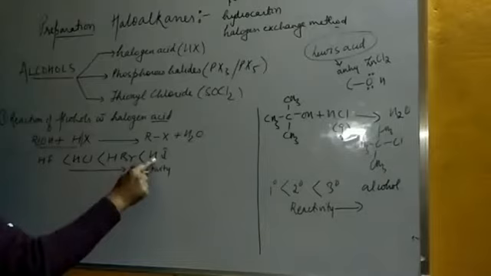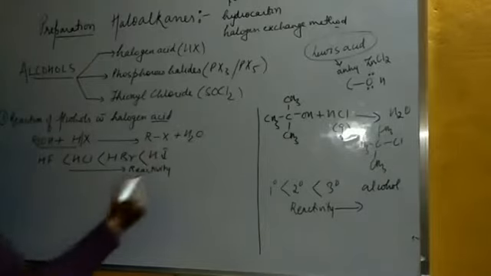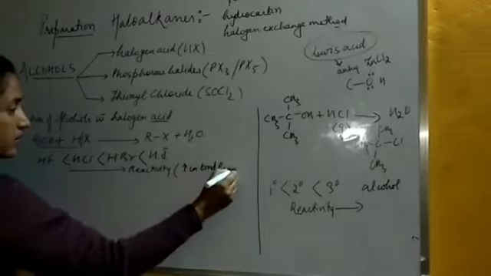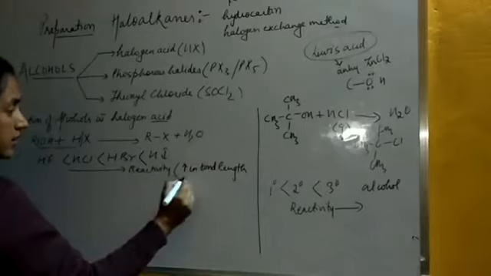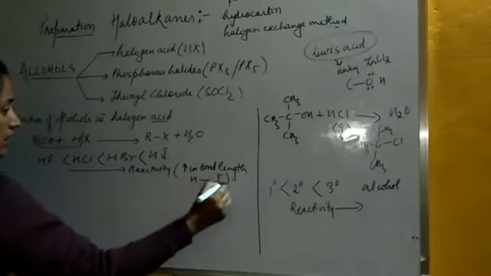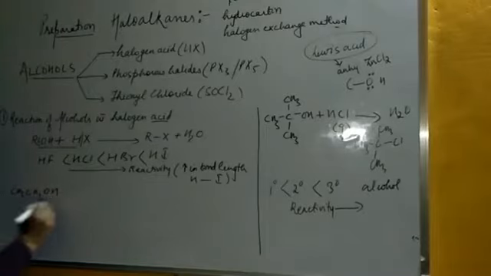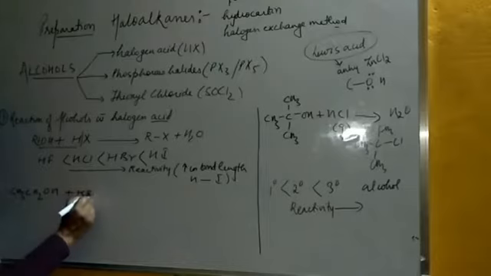HI is most reactive since its bond length is maximum here, due to the increase in the bond length of H-I. So iodide ion will be formed easily, right? Now we cannot prepare the fluoroalkane by this method because of the high bond enthalpy of HF, right? So we can prepare bromoalkane also from here. So when we have to prepare the bromoalkane, right, that time students we will prepare it in situ.